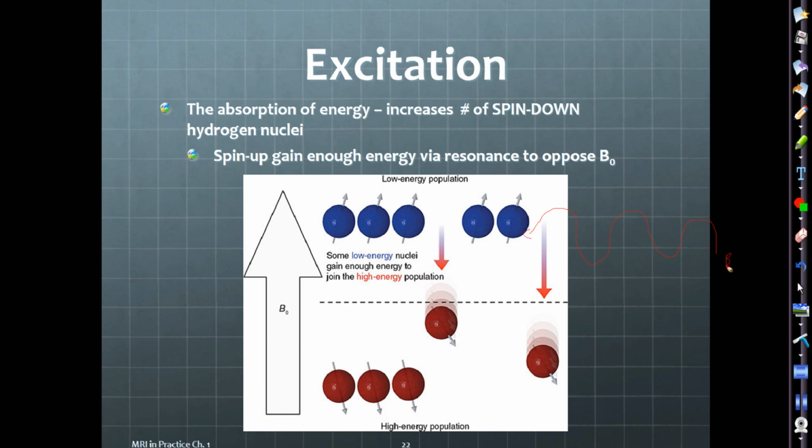This is B sub 1. Now there's energy in these low energy spins. And that excess energy will allow them to now start to oppose B sub 0. So they go from low energy to now they've gained enough energy to join the high energy population. Okay? So that net magnetic vector that was aligned with B sub 0, you start to see that it's going to start to oppose B sub 0 with this excitation pulse.